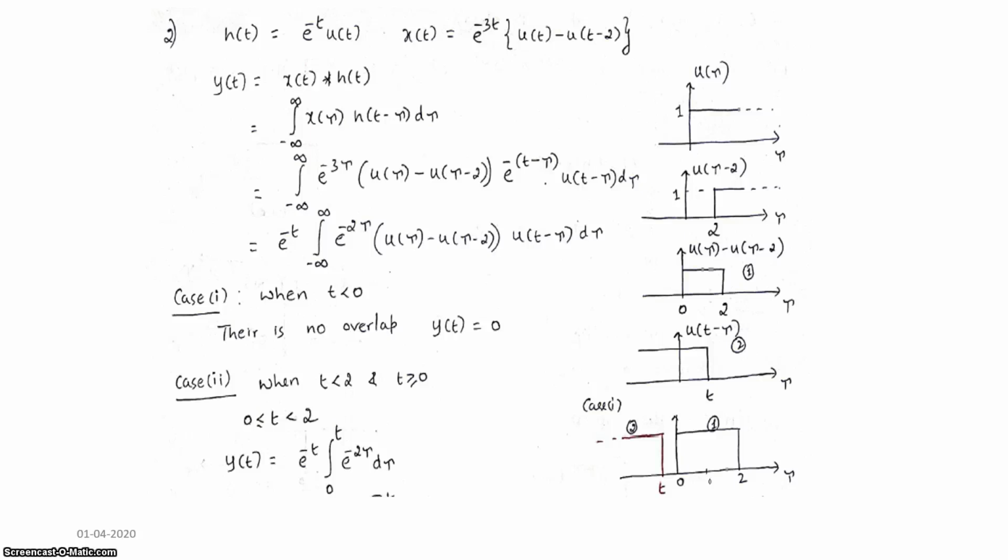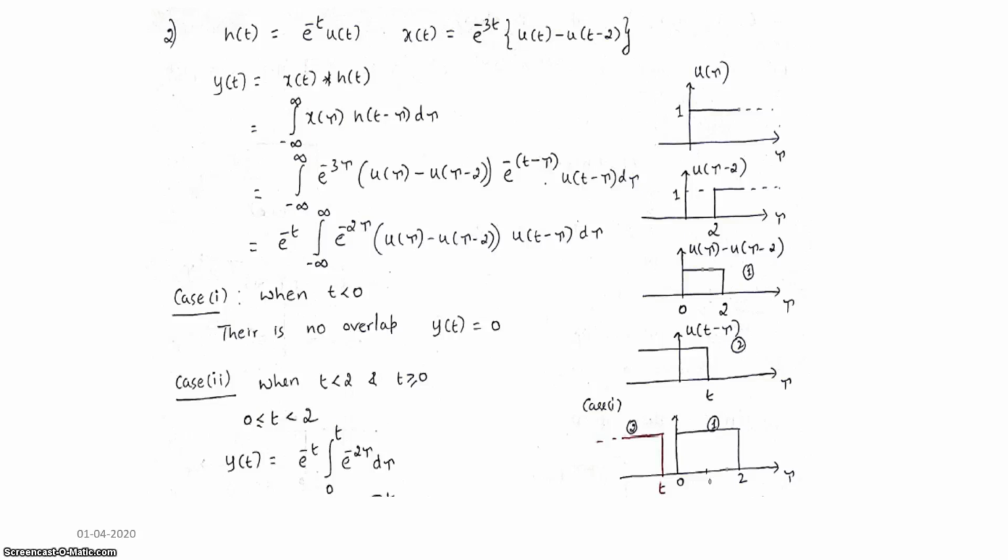The second signal is u of t minus tau. First I'll plot u of t plus tau, then I'll take the mirror image of that, so that we get u of t minus tau. On the x-axis I'll mention the time index value as t. Now we'll consider different conditions, and I'll move the second signal, keeping the first signal constant.